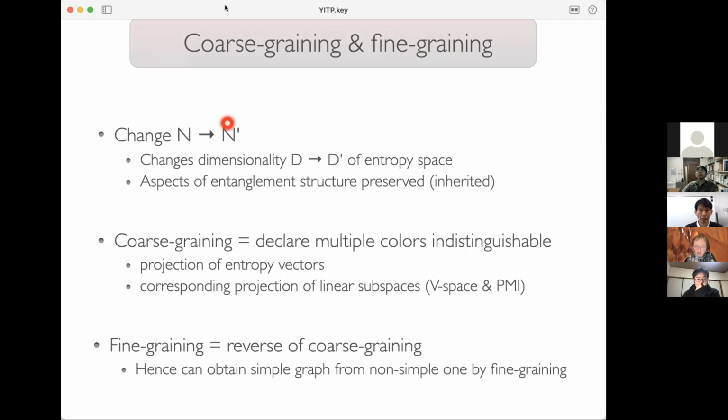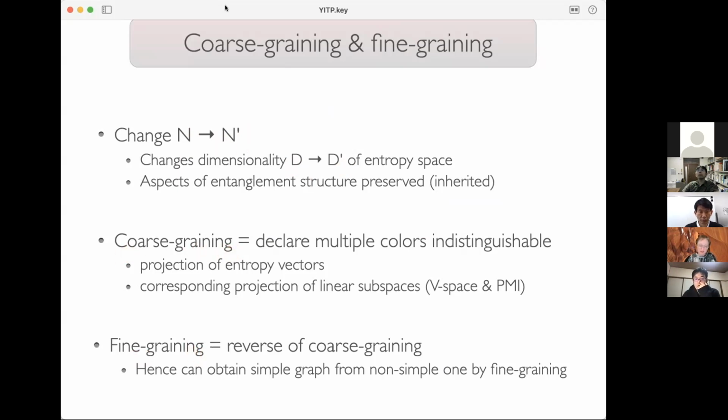That changes the dimensionality of the entropy space. But there are still some aspects of these entanglement structures that are inherited between the two. So if you increase n, so n prime is greater than n, then that corresponds to fine graining. If you decrease it, that corresponds to coarse graining.